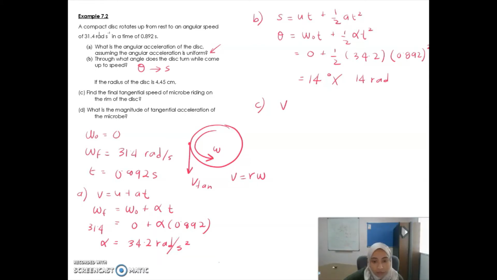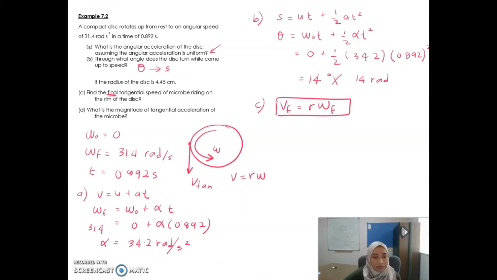So I write that down: V final equals R omega final. That is the equation to use, because it's asking for final. So if this omega is final, the velocity is also final.